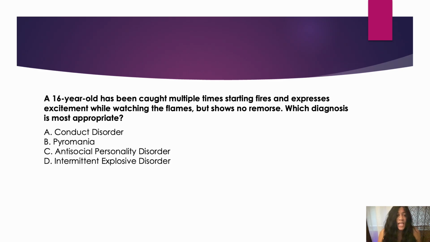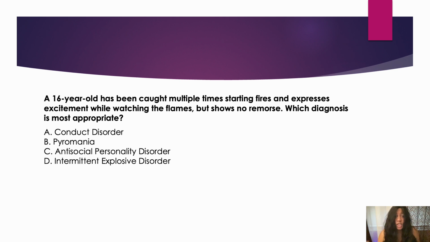Alrighty. A 16-year-old has been caught multiple times starting fires and expresses excitement while watching the flames, but shows no remorse. Which diagnosis is most appropriate? Alrighty, let's go back and look up at the question. Starting fires, expresses excitement while watching the flames, shows no remorse.